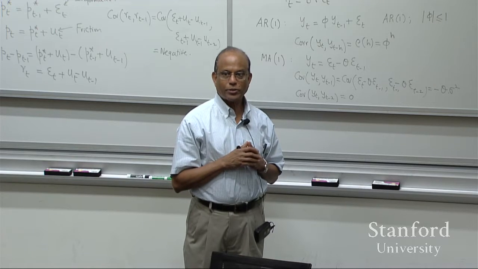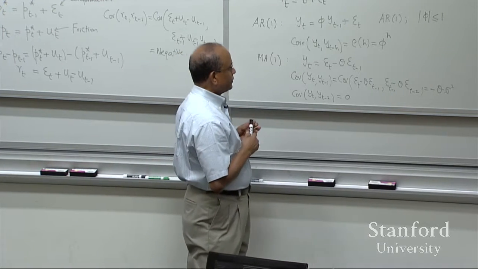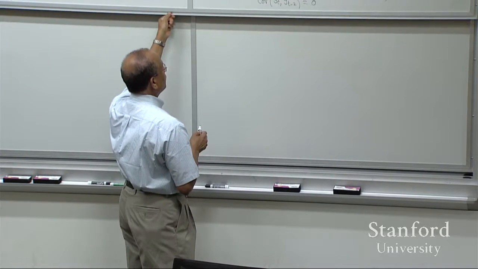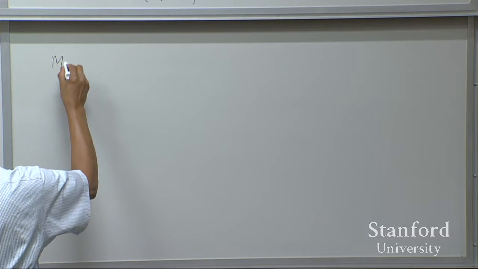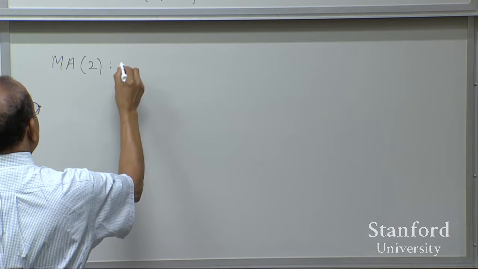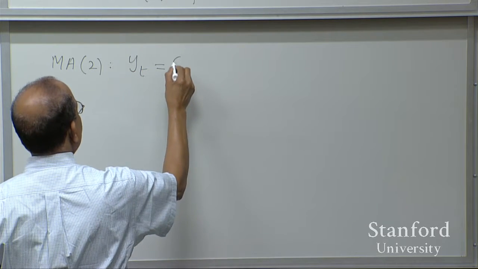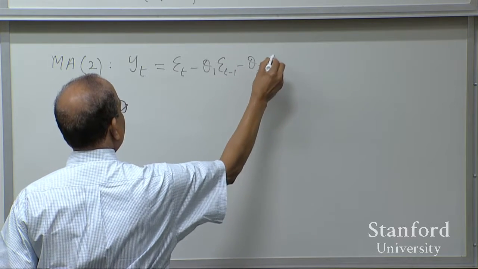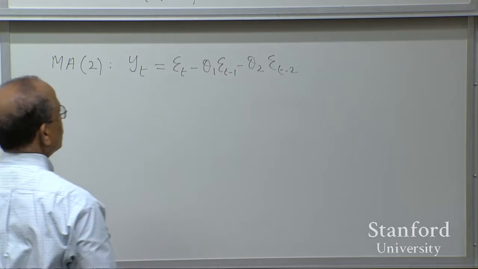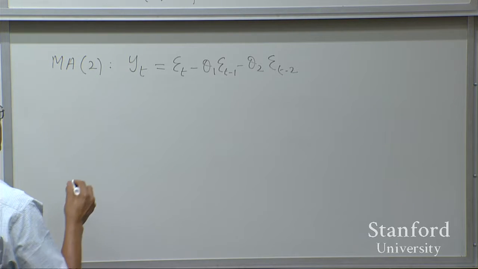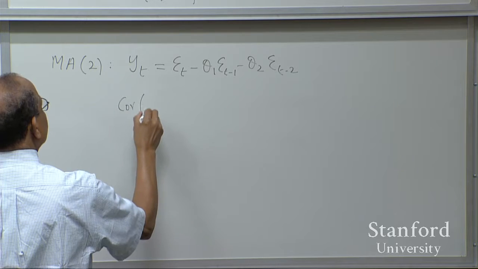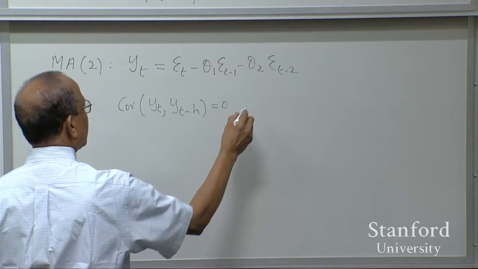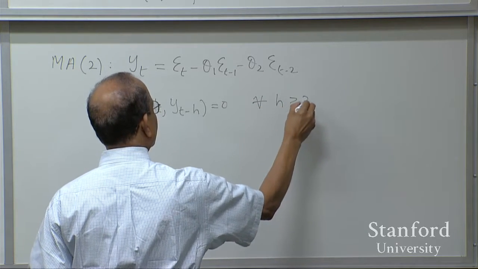In fact, you can show that if you have a moving average process of order 2, which is given as yt is equal to epsilon t minus theta 1 epsilon t minus 1 minus theta 2 epsilon t minus 2, the covariance between yt and yt minus h should be 0 for all h greater than or equal to 3.